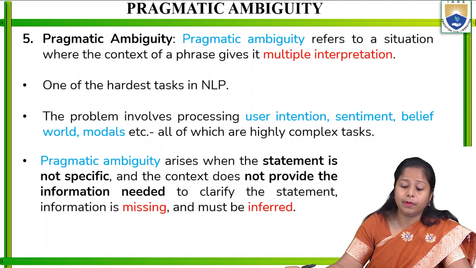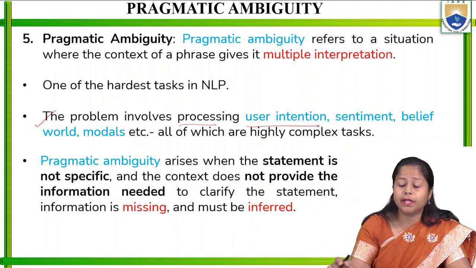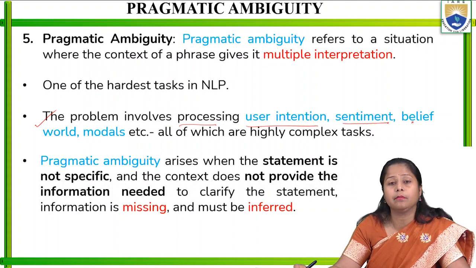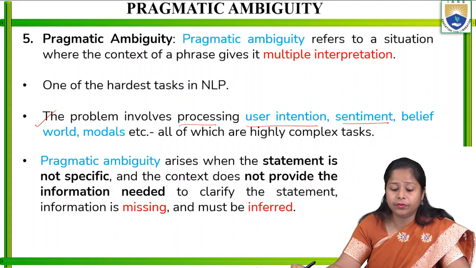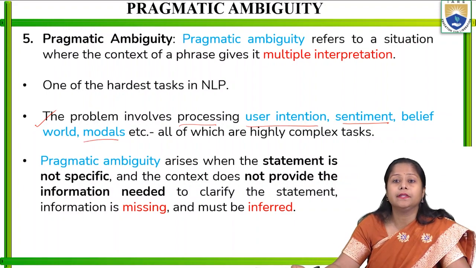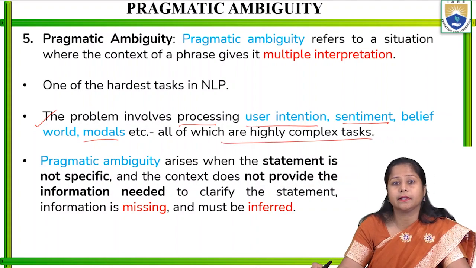The problem involves processing the user's intention, behavior, sentiment, belief, and models of the user. These senses will be there in the sentence, all of which are highly complex tasks together.